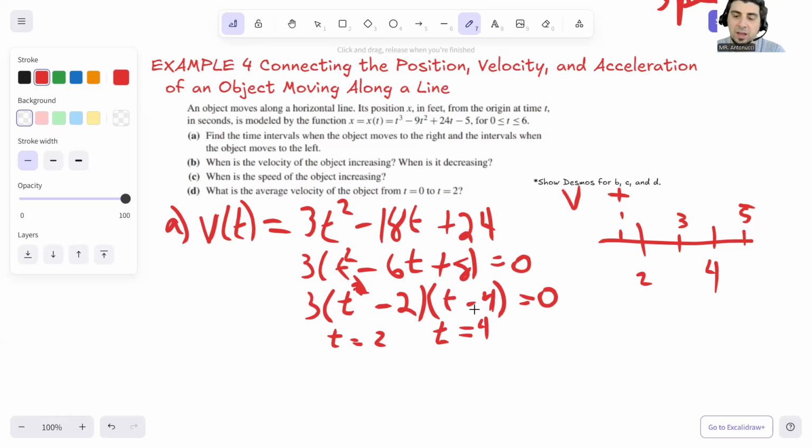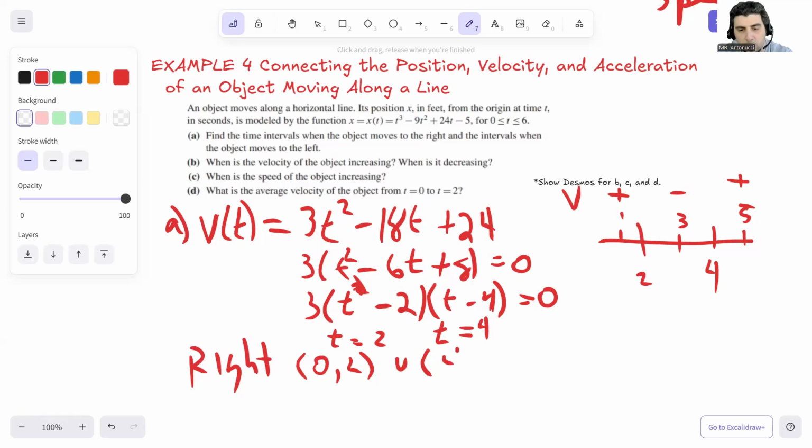If I plug in 3, the velocity is going to be negative, and if I plug in 5, the velocity is going to be positive. So it's moving to the right on the interval 0 to 2 and 4 to 6. Okay? Because the velocity is positive on those intervals.